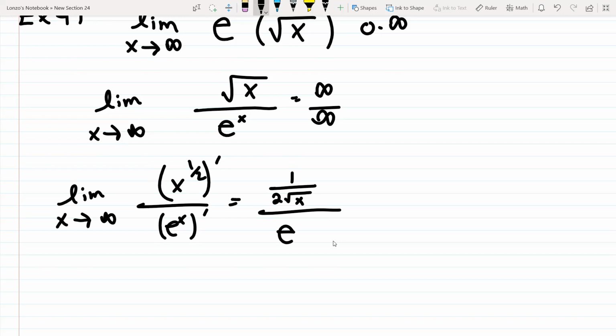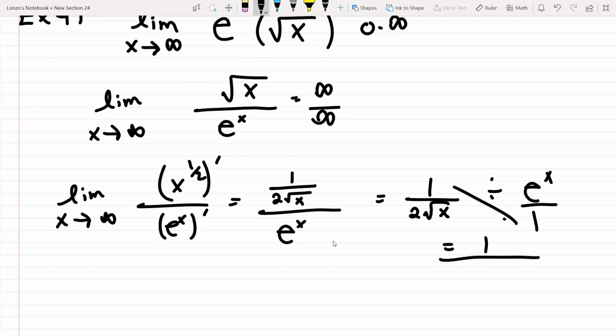It's just e to the x. So this is going to be 1 over 2 radical x divided by e to the x over 1. Cross multiply, so that's going to be 1 over 2 radical x times e to the x.